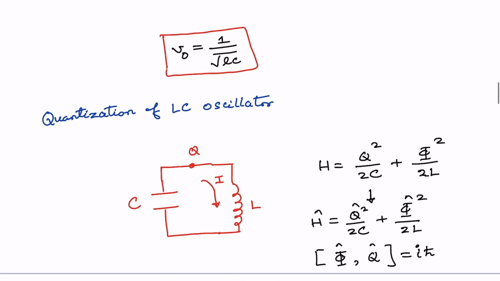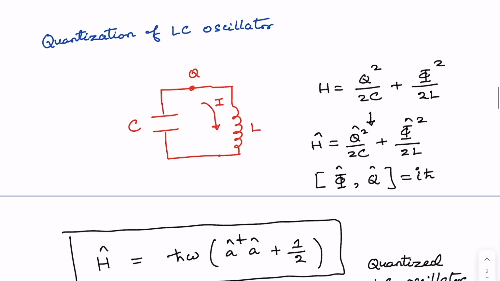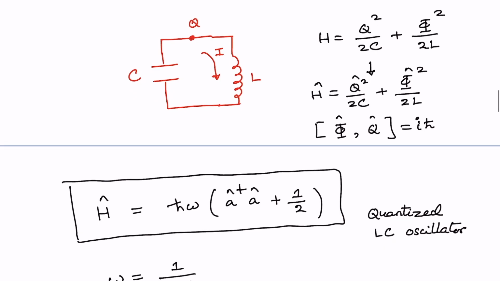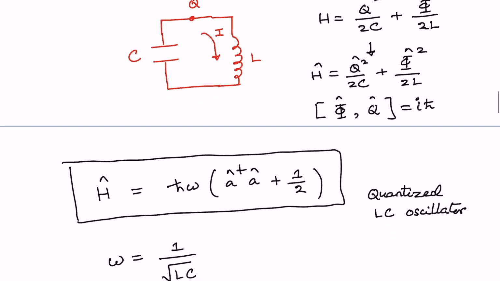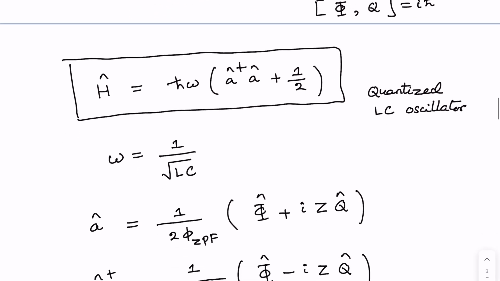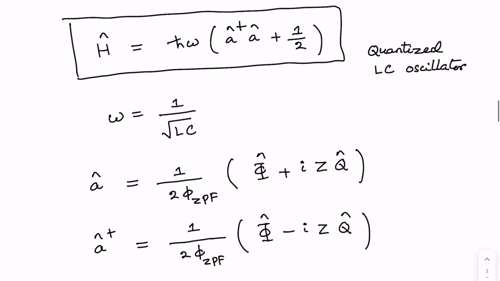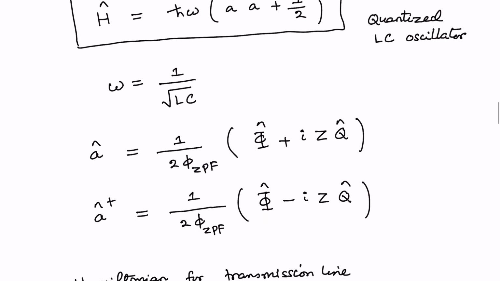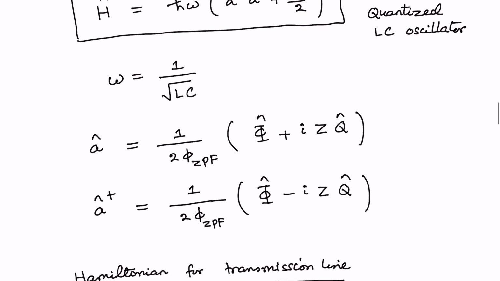We went on to discuss the quantization of the LC oscillator via the canonical quantization procedure, and we found that the LC oscillator behaves like a harmonic oscillator when it is quantized, and we defined the annihilation and creation operators of this harmonic oscillator in terms of the magnetic flux operator and the charge operator.